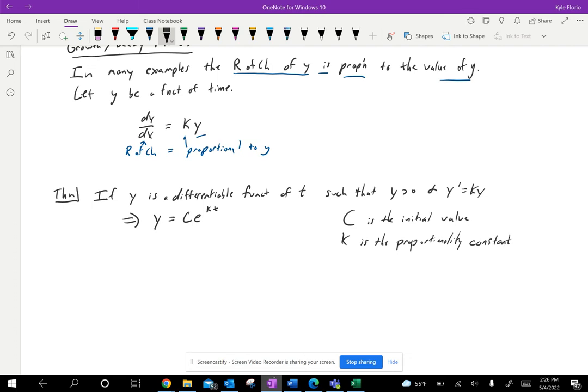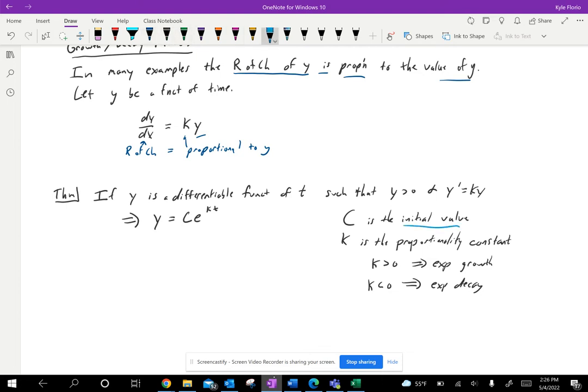And if k is greater than 0, we're going to see exponential growth. If k is negative, in other words less than 0, that's when we have exponential decay.